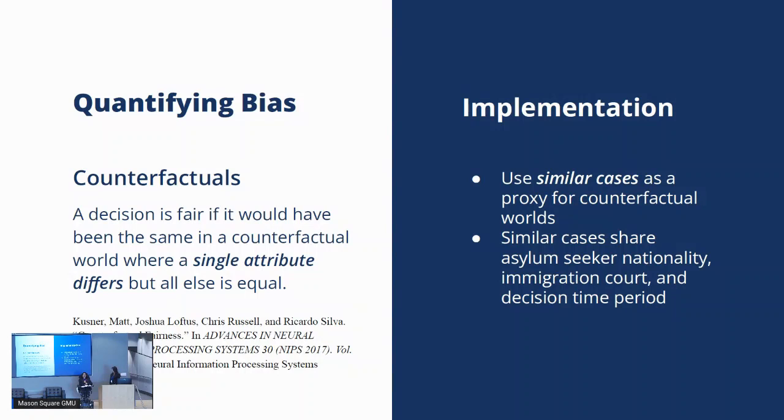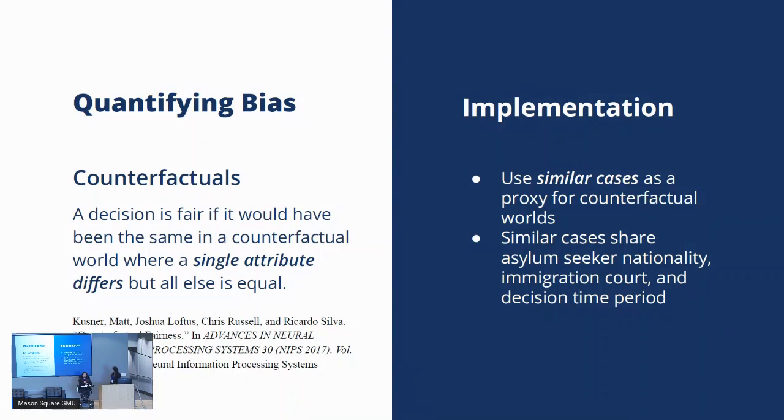So while we were sadly unable to access the multiverse for this project, the sheer volume of cases in our data set meant that we found very, very similar cases across the board, and we could use those as sort of proxies for counterfactual worlds.